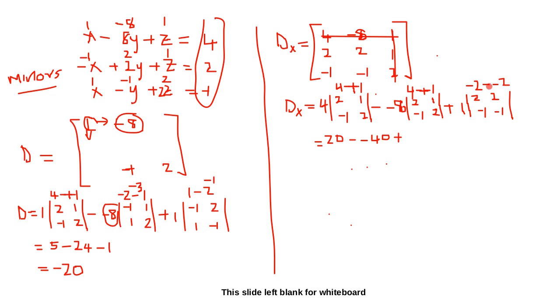So again, a minus and a minus here becomes a plus. So negative 2 plus 2, this becomes 0. 0 multiplied by 1 is 0. So plus 0. And this will now be equals to 20 minus minus 40. That will be plus 60.